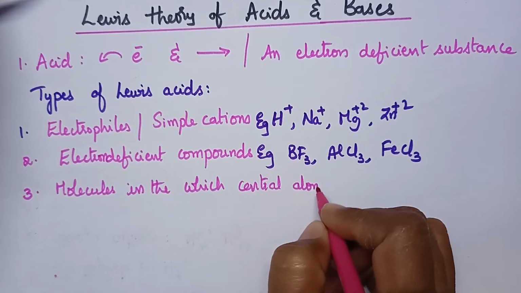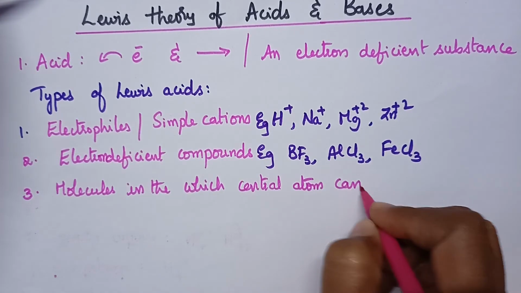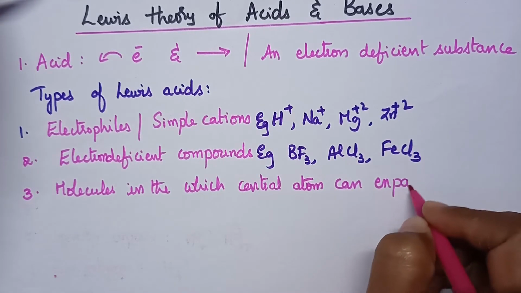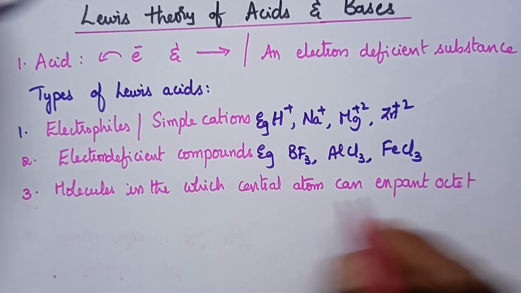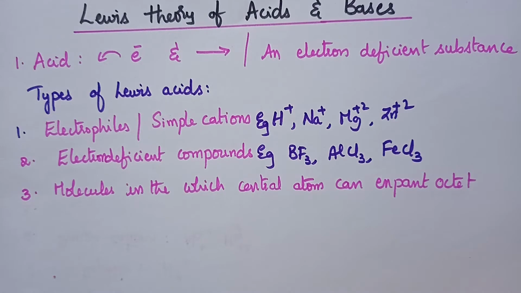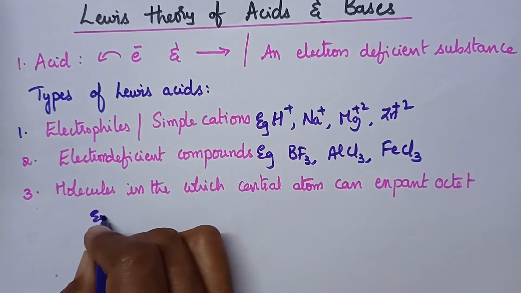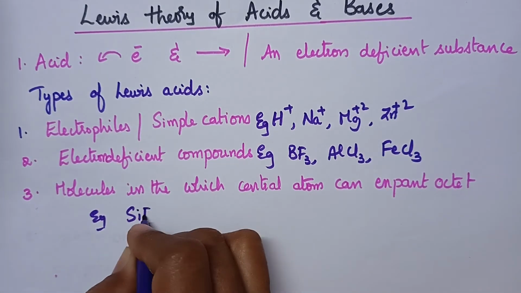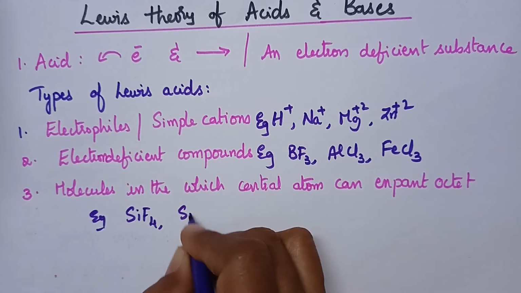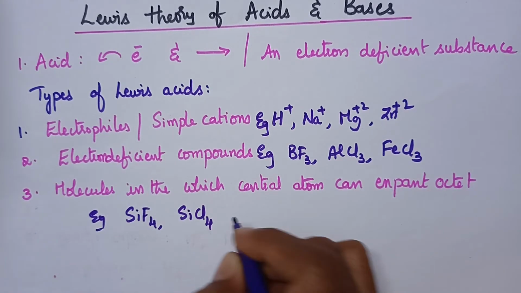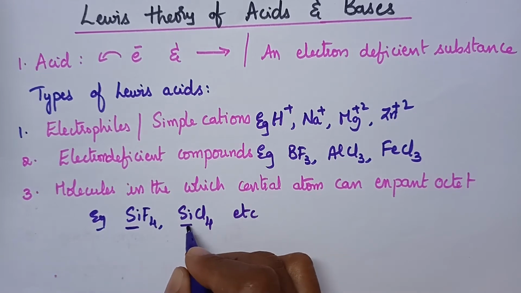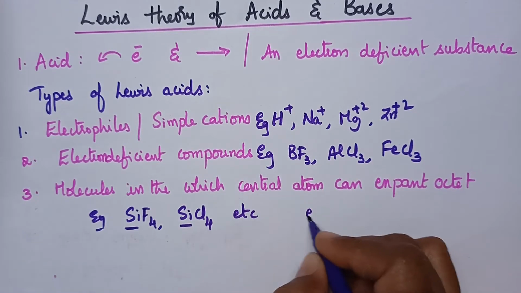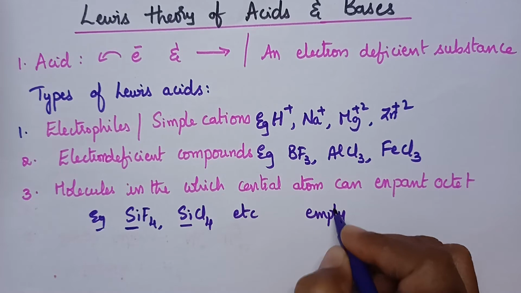So the best examples are silicon tetrafluoride, silicon tetrachloride, etc. Especially when you consider silicon, it consists of empty d orbitals.